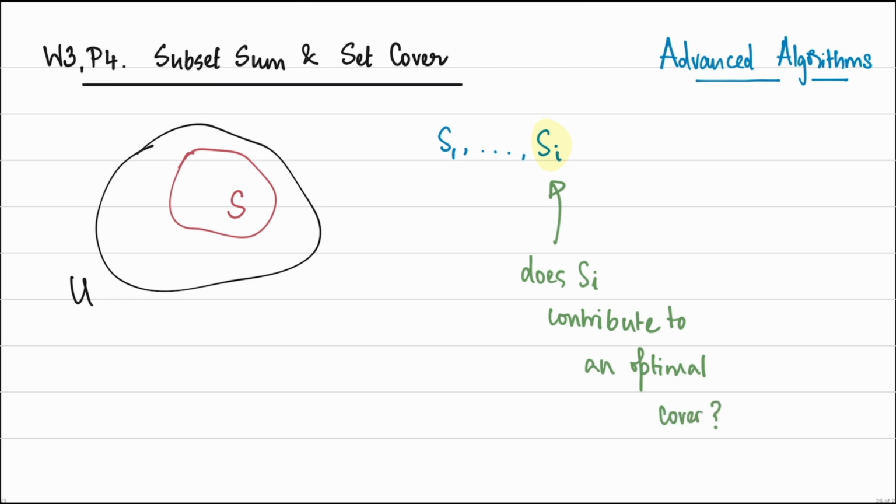And as before, there's no way that we know the answer to this because we don't know what opt looks like. But because we are computing all of these subproblems, we have the luxury of trying out both possibilities. So let's put ourselves in the shoes of a situation where Si does not belong to opt.